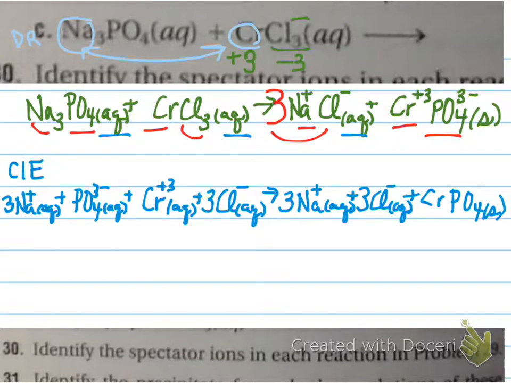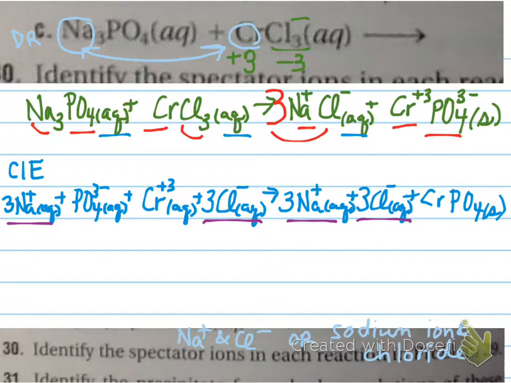Again, spectator ions exist exactly the same. Sodium exists exactly the same, and chloride. So again, I can identify them down here by saying Na plus and Cl minus, or I can say sodium ion and chloride for number 30. Now I'm ready to go ahead and do my net ionic equation.